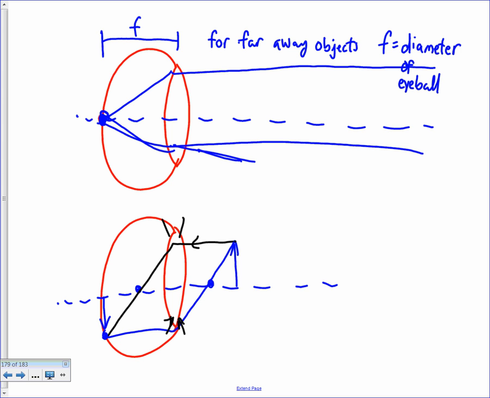Those are called your ciliary body. In this case, if you're looking at something that's close up, the lens is going to have a shorter focal length. It's going to have to be wider in the middle, right? To shorten the focal length, the lens has to become wider in the middle.